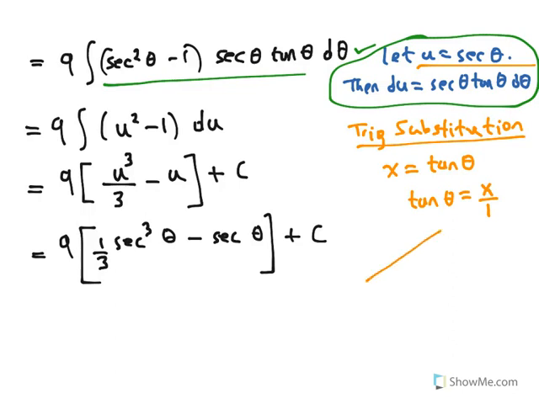And you should draw a right triangle, label an acute angle theta, and we know that tangent is opposite over adjacent. And we can find the length of the hypotenuse by using the Pythagorean theorem. So c is equal to the square root of 1 plus x squared.